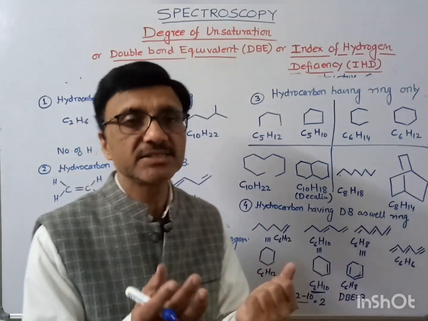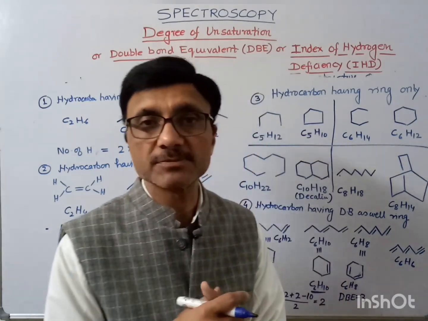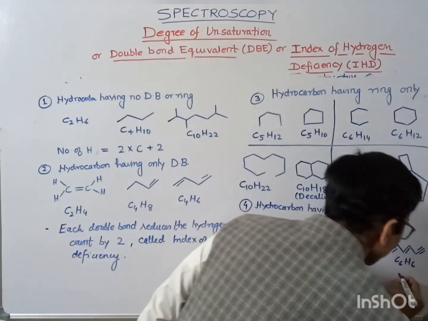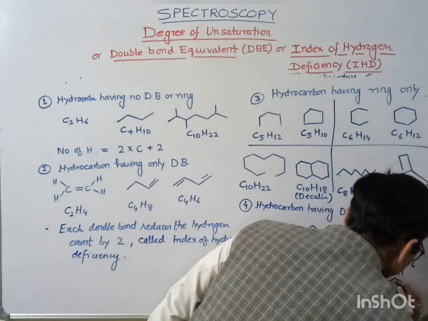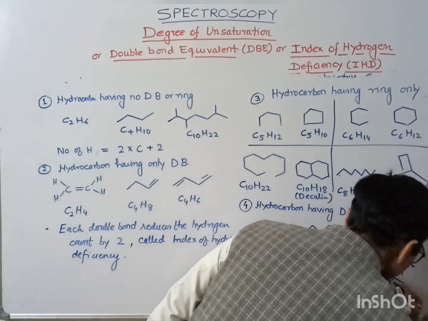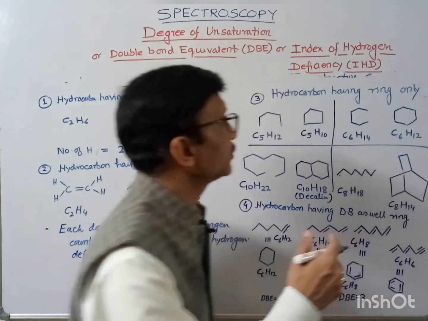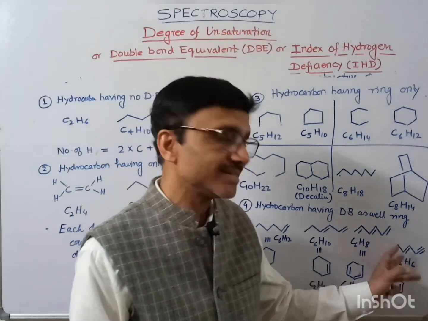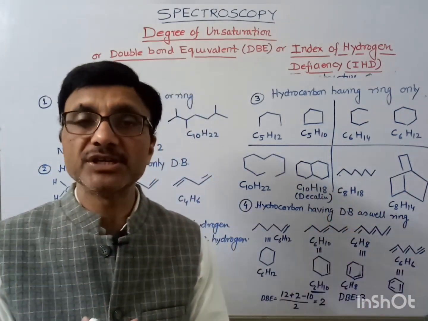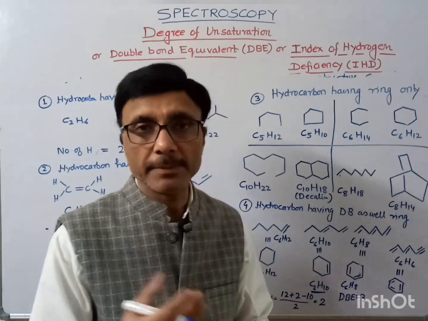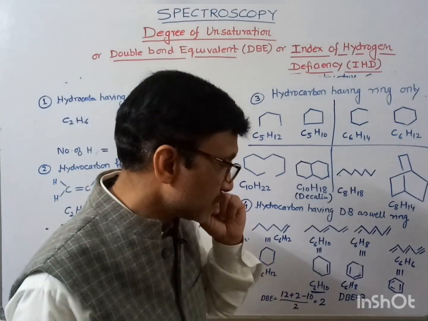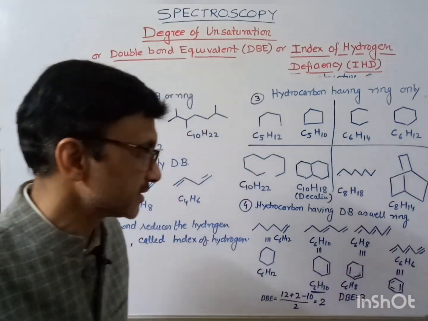So this C6H6 also corresponds to benzene. It also corresponds to the benzene ring. Either this is the case, or I have given you other structures for this C6H6 previously. It may be Dewar benzene, it may be benzvalene, it may be prismane. So like this.